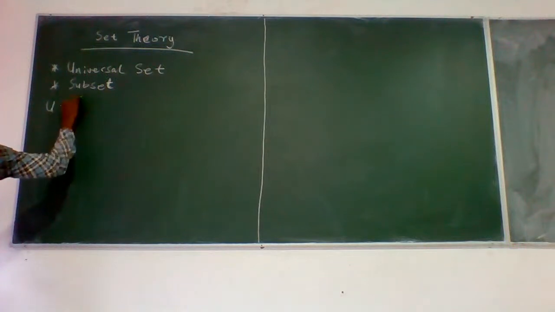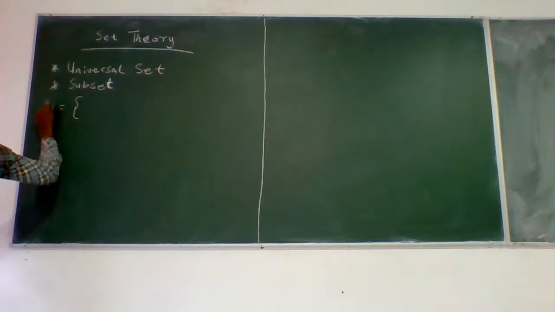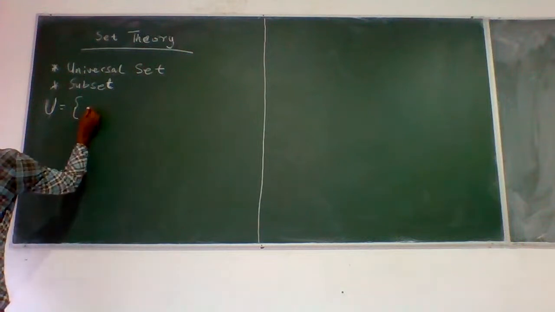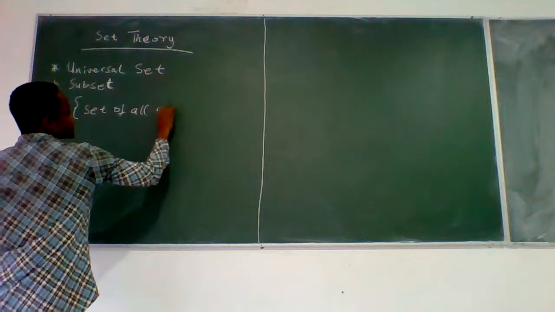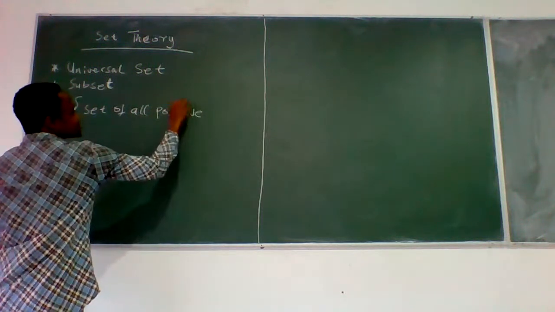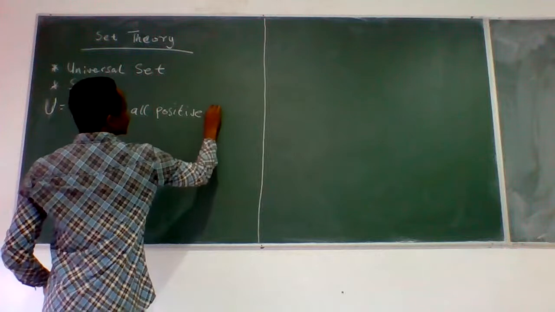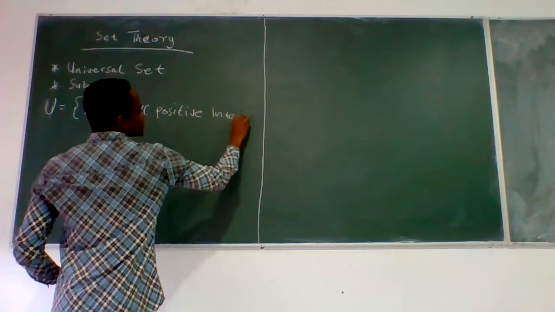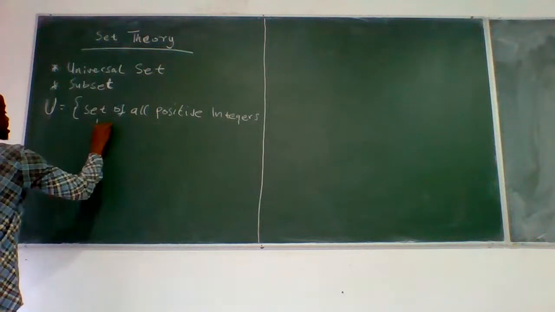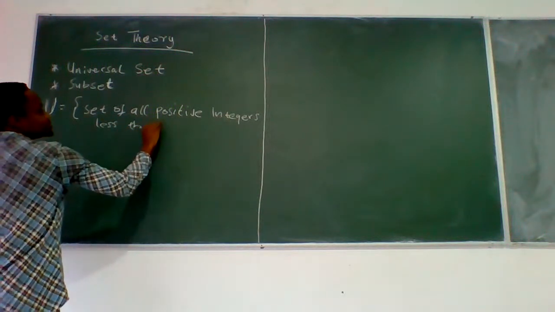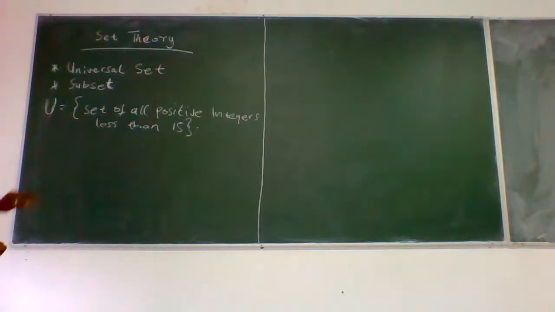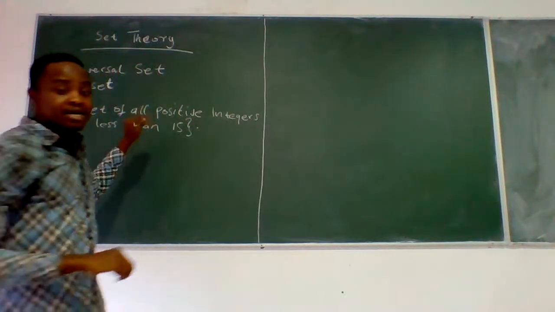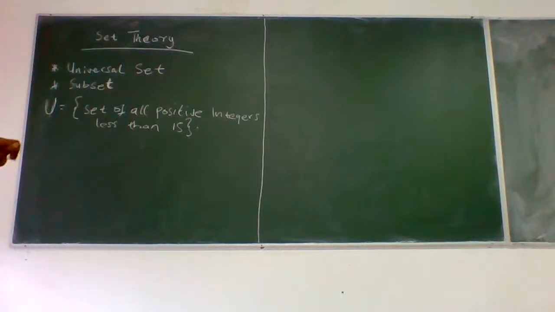So when you have something like this universal set U, let's say the set of all positive integers less than, say, 15. In this case, our bigger set is the set of all positive integers less than 15.